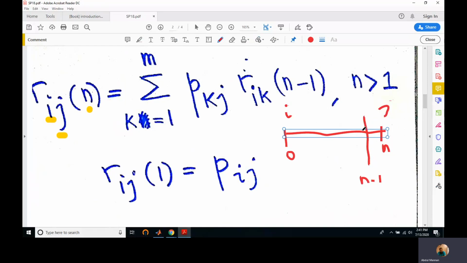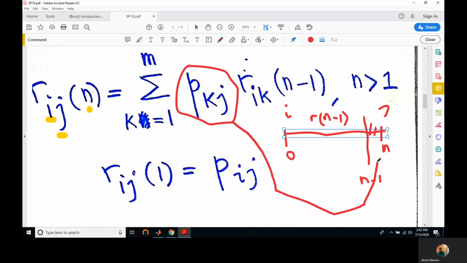We have two states here, and then we apply the R on n minus 1. This small portion is replaced with some pkj. This portion refers to the probability pkj, and the same R, with the difference that now we calculate it for n minus 1.